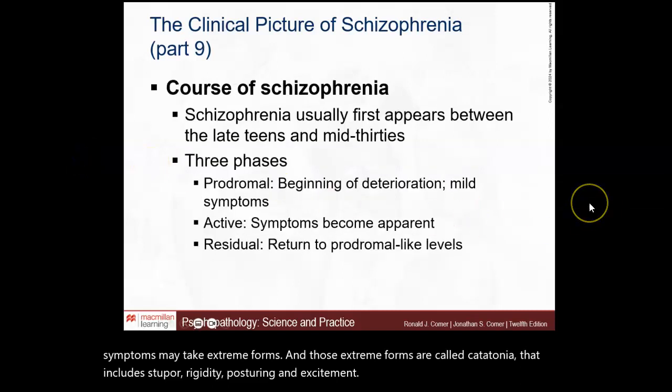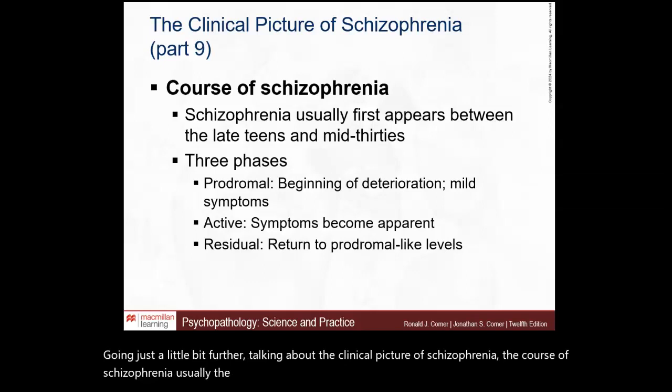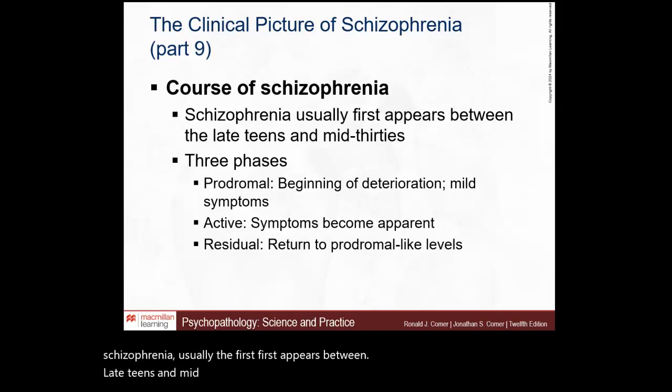Going just a little bit further, talking about the clinical picture of schizophrenia. The course of schizophrenia usually first appears between the late teens and mid-30s. There are 3 phases here.